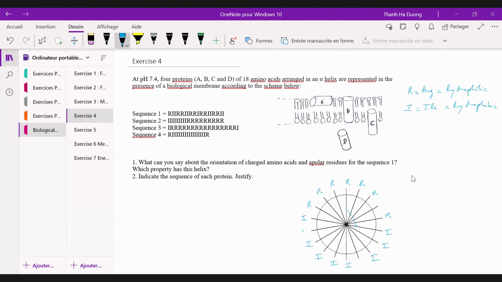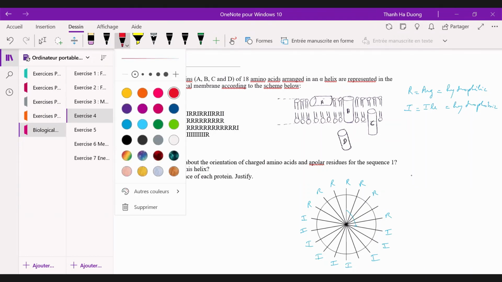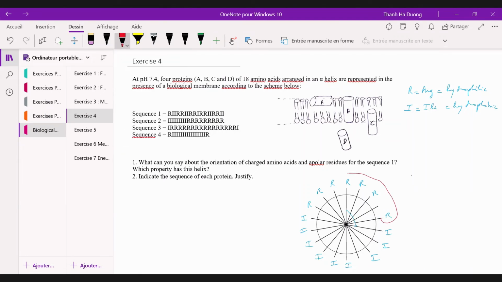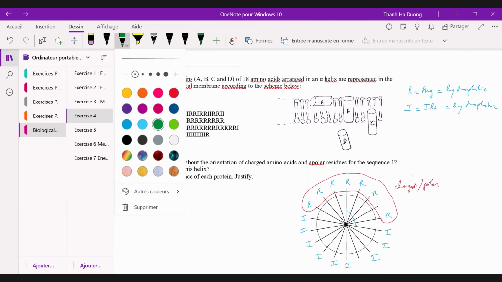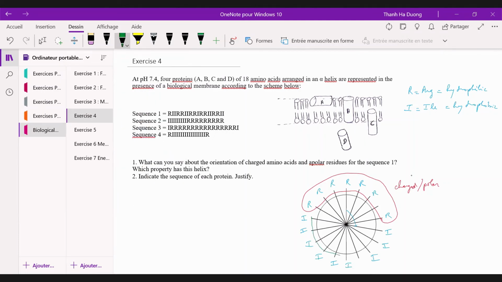Okay, so this top view of this helix shows us that we have here a charged or polar side. On the other side, we have something hydrophobic.